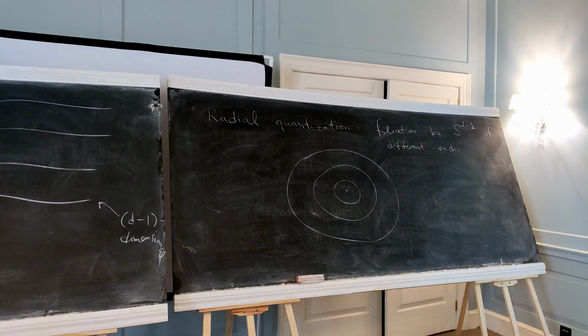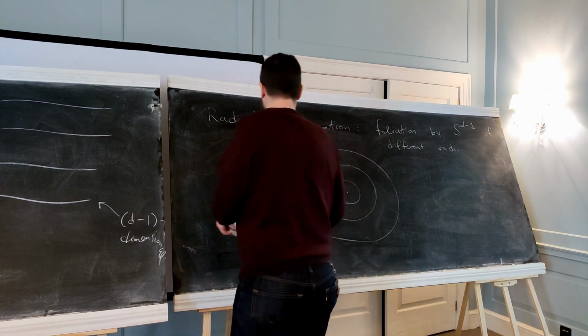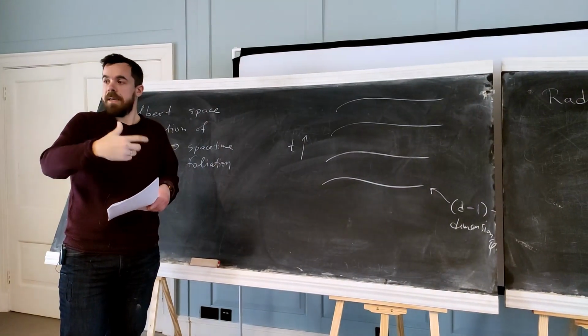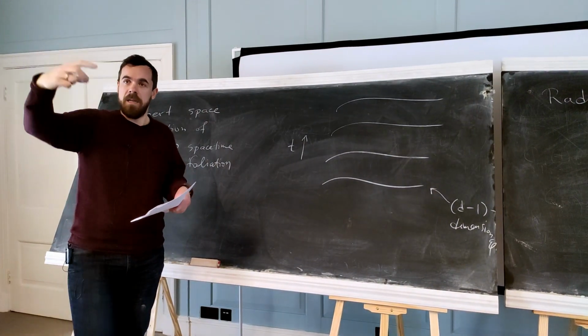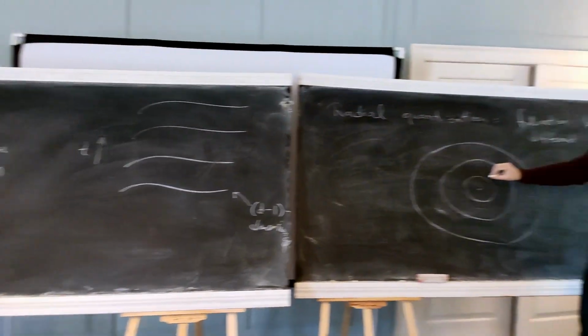This is radial quantization. This is useful in a CFT because you have a generator of the algebra that moves you from one of these spheres to another. And that generator is the generator of dilatations. If I do dilatations and I change all the coordinates by some lambda that's bigger than 0, basically I can move from one of these spheres to another.